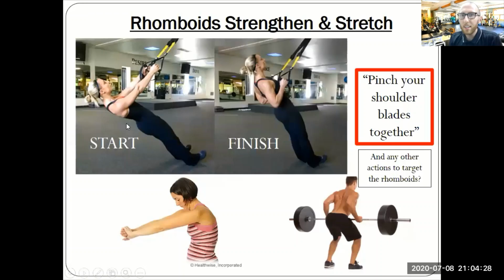What's that look like? Well, you could use a TRX band here, and you can start in the protracted position of the scapula, and then pinch the shoulder blades together, scapular retraction. That's kind of the cue that a lot of personal trainers and physical therapists will give to work the rhomboids.